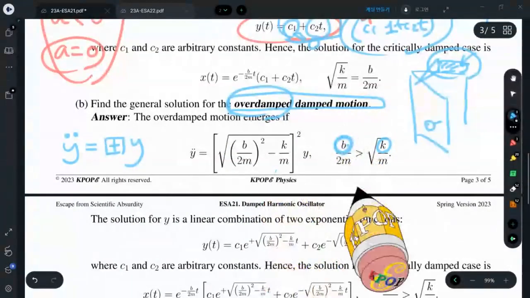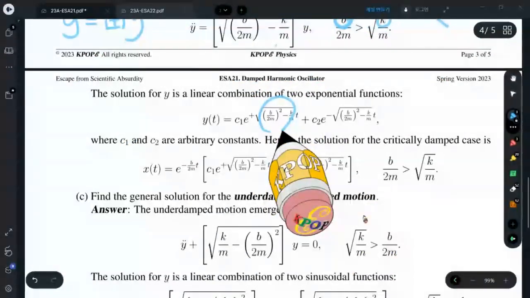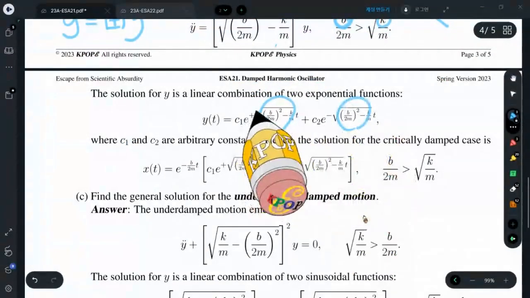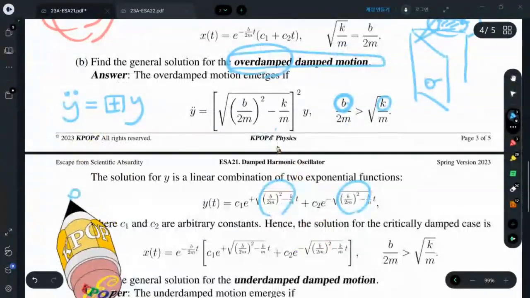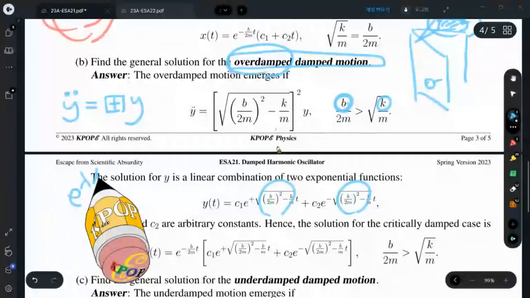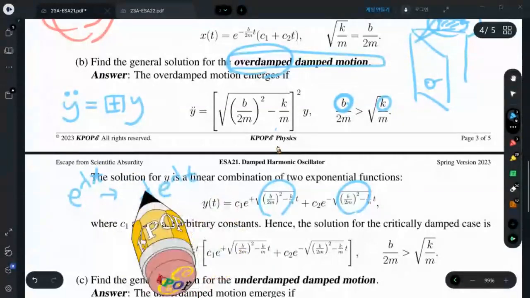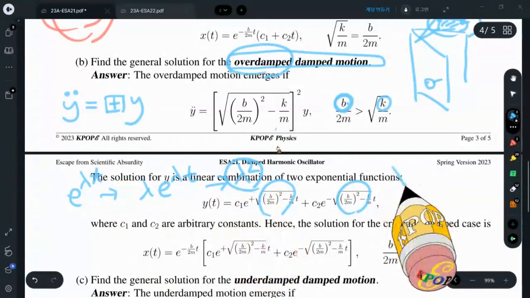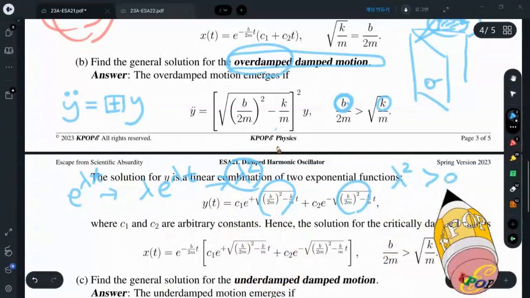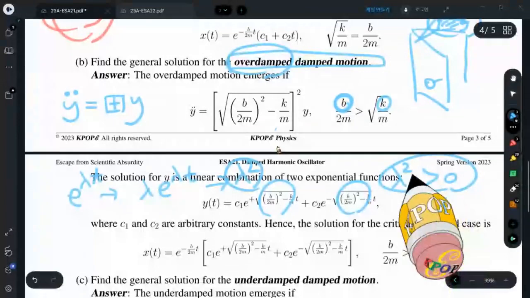The solution must be the square root of this, plus or minus, because for e to the lambda t, the first order derivative gives lambda, and the second order derivative gives one more lambda, so lambda squared, and lambda squared is a positive number. The solution is plus or minus something.